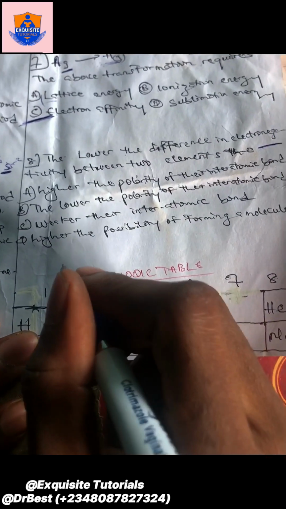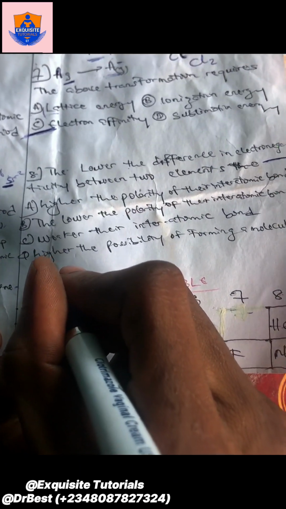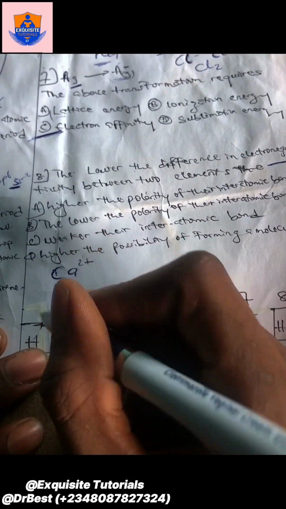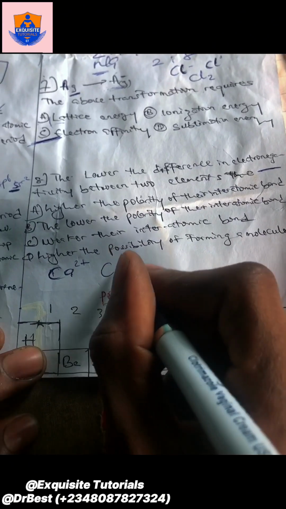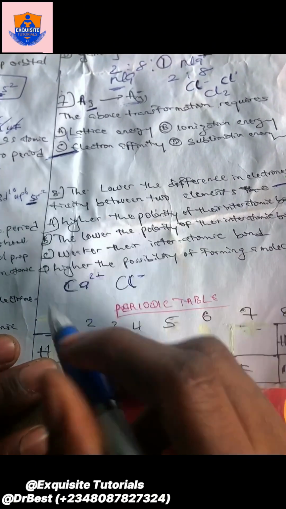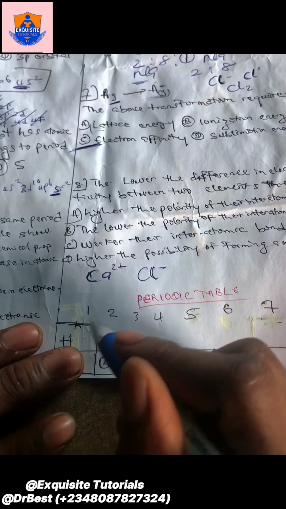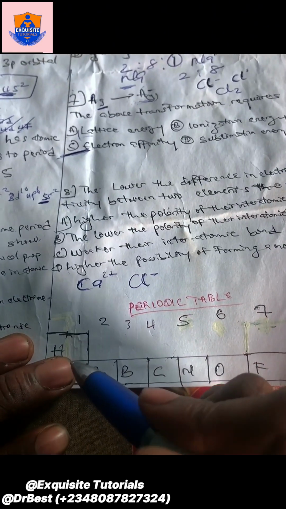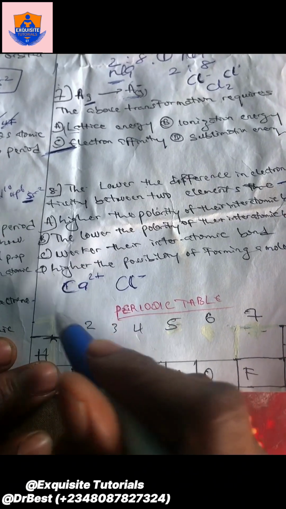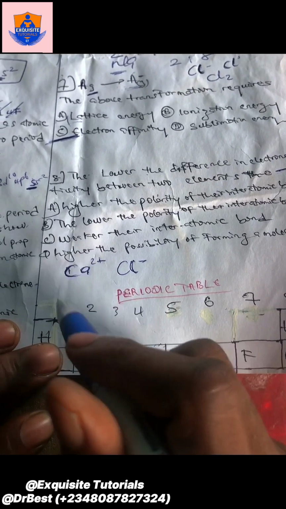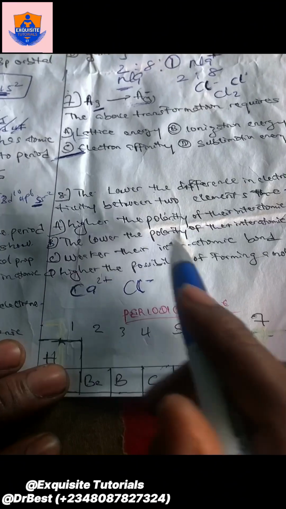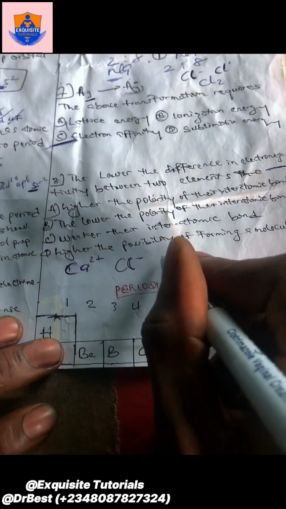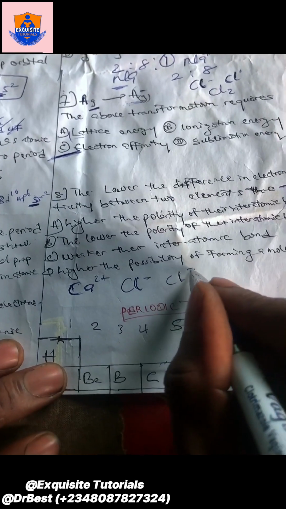Let's say, for example, you have calcium, which has the valency of 2+, and you have chlorine, which has the valency of -1. So there is a large electronegativity difference between these two. Elements with a higher electronegativity difference form an ionic bond, while those with lesser electronegativity difference, just like two chlorine atoms having almost the same electronegativity, form a covalent bond.